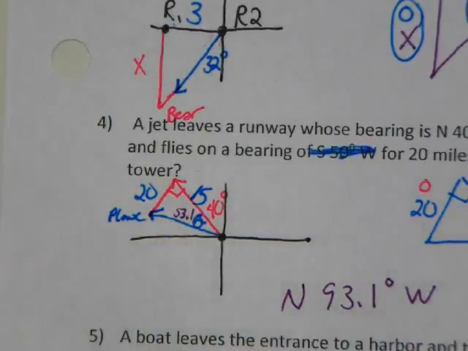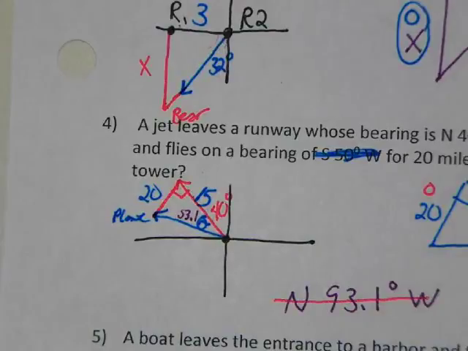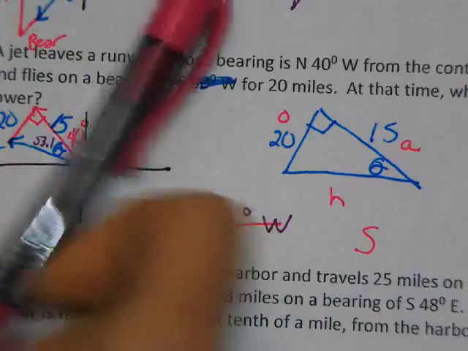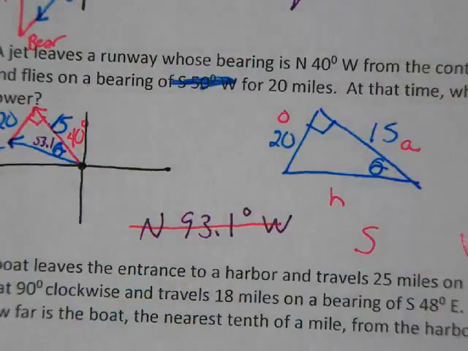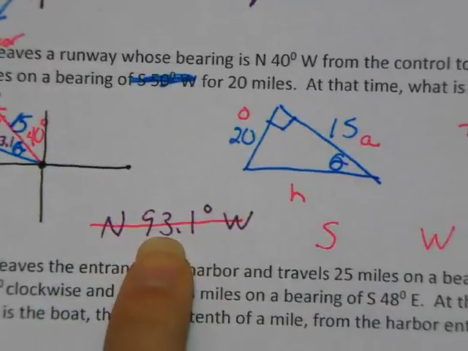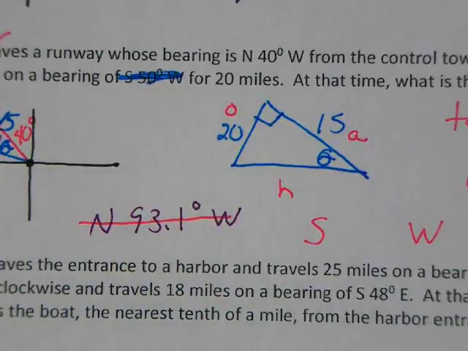So what we're going to do is say, you know what, I really should have been flying from the south and headed in a westerly direction. Now what will I do to get that under the 93.1 degrees? If we just say 180 minus that, I'll put me at 86.9 degrees.